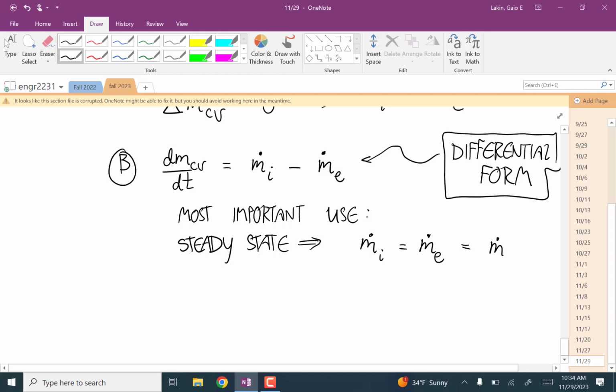So mostly, we did a few conservation of mass problems, but by far the most common way we use this is just in modifying the first law for control volumes. Okay, so this is where it comes from when you say, okay, it's in steady state, cross out the m sub i dot, cross out the m sub e dot, and just replace it with m dot.